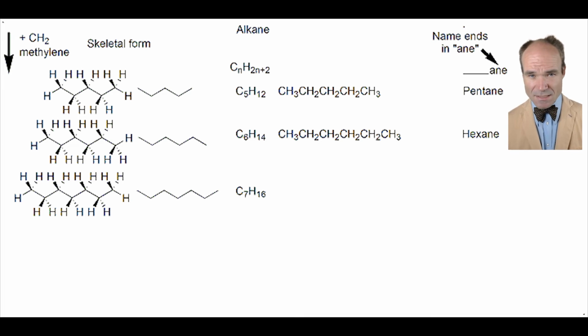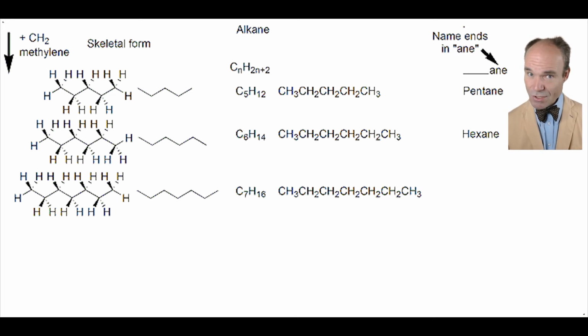And for the condensed form, we have CH3, CH2, CH2, CH2, CH2, CH2, CH3. The name will end in ane, with hept telling you that there are 7 carbons. This molecule is heptane.